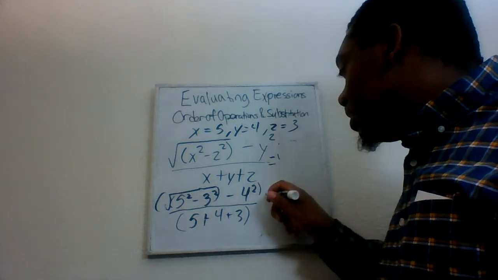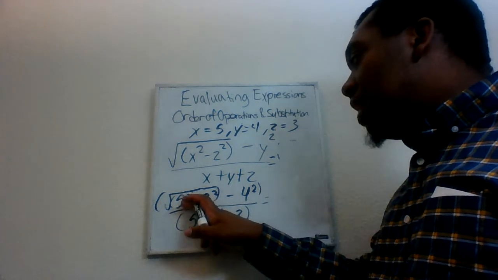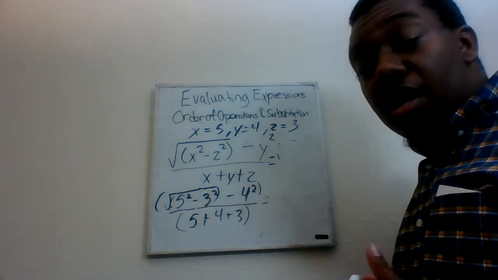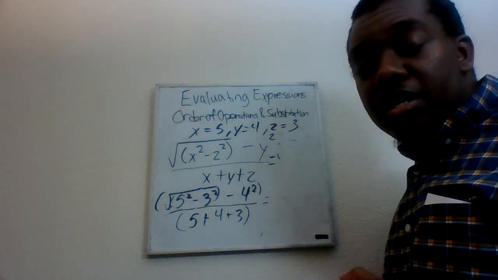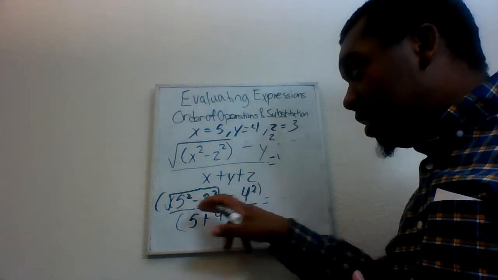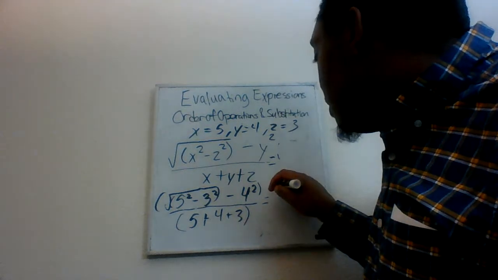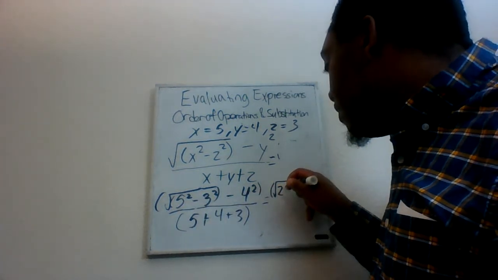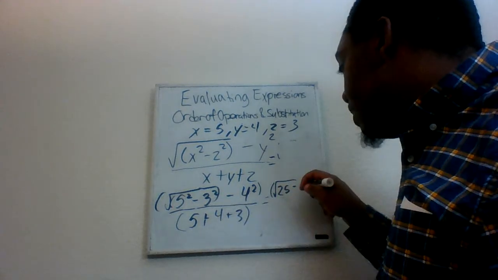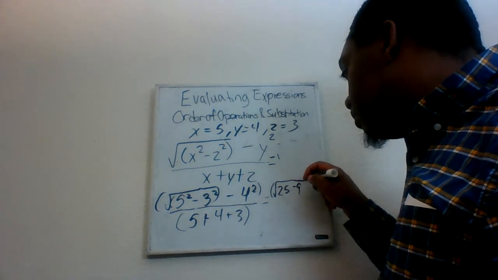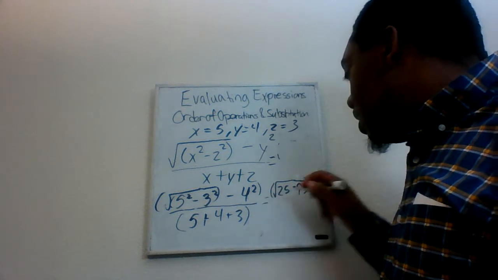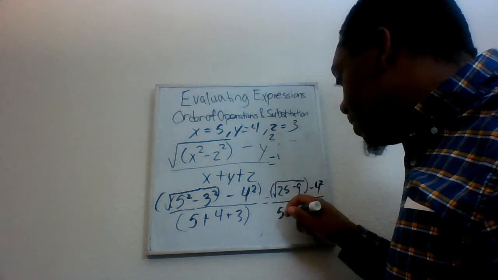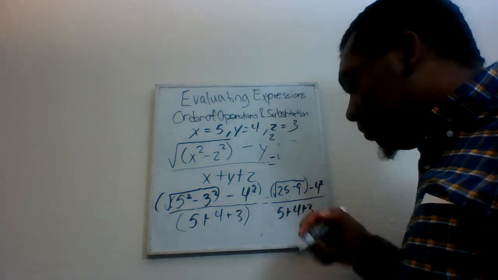We would see 5 squared minus 3 squared. And according to order of operations, exponents first, and then we would subtract. So we would get the square root of 5 squared would be 25, minus 3 squared would be 9. And then we have 4 squared over 5 plus 4 plus 3.